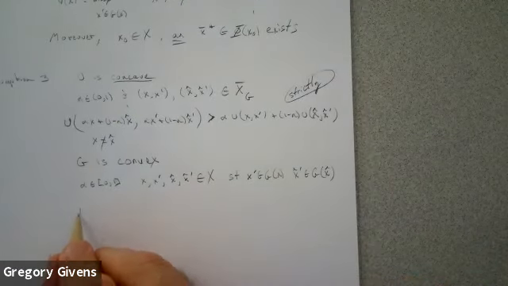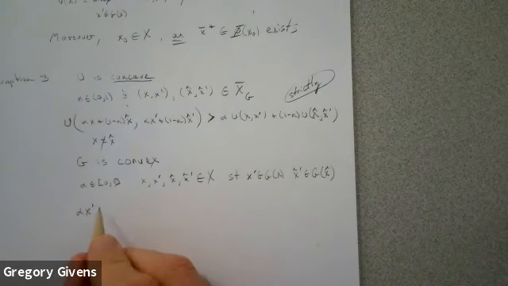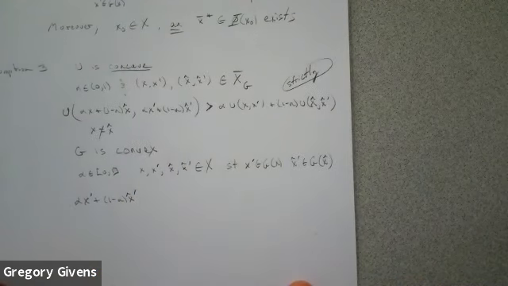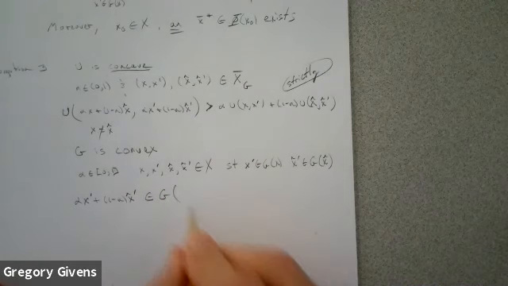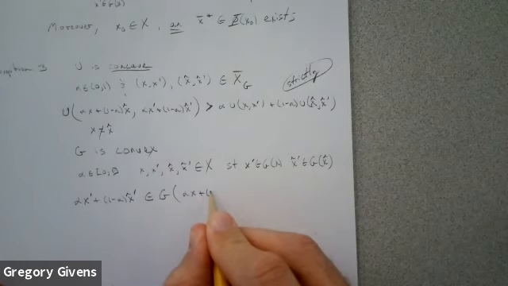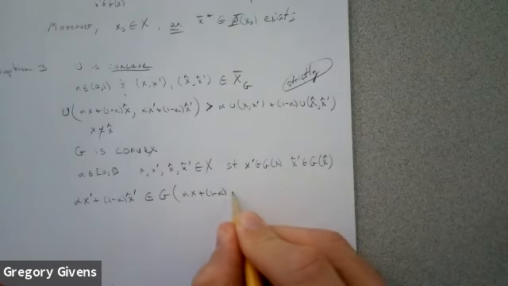The linear combination between x prime and x hat prime has to live inside of the set defined by G evaluated at the linear combination of x and x hat.